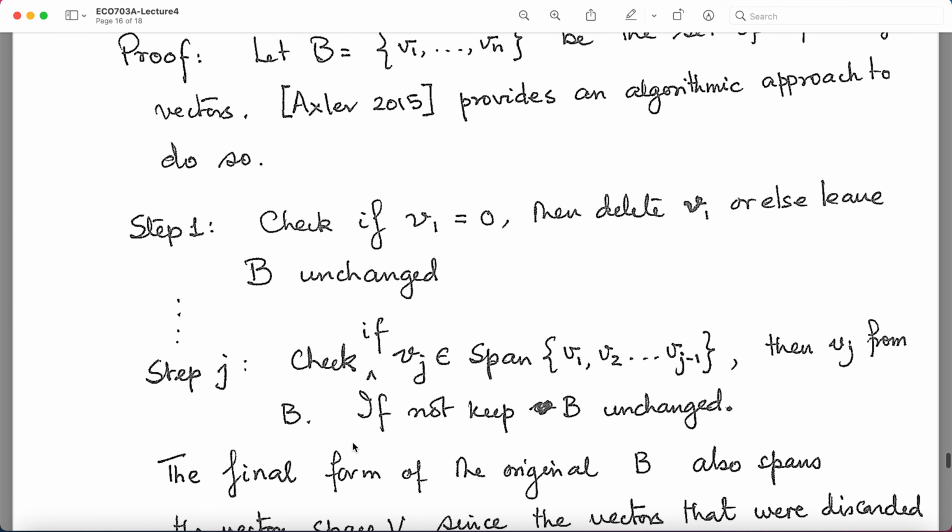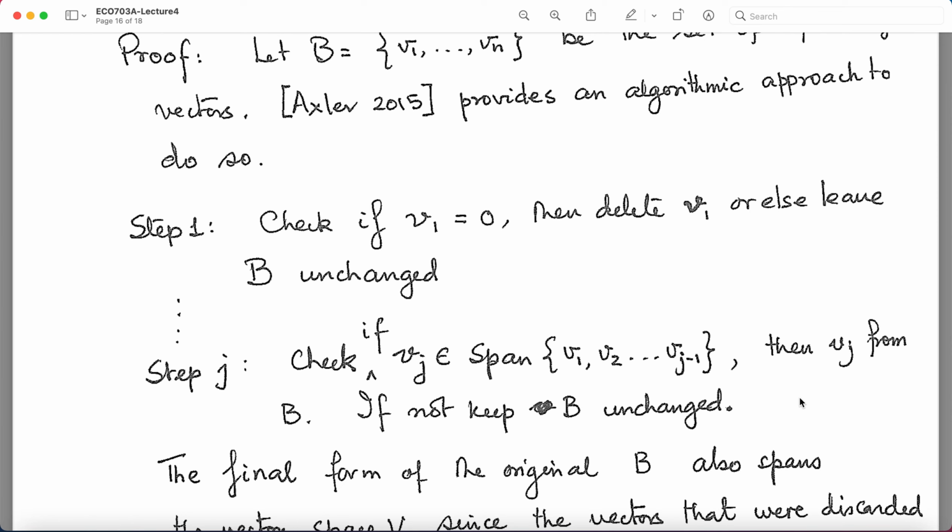Then keep Vj from B, if not keep B unchanged. Basically, what you do is, I am making a mistake. If V3 has been thrown off, now I will have V1, V2, V4. So again check whether V1, V2, V4 form any linearly dependent pair.